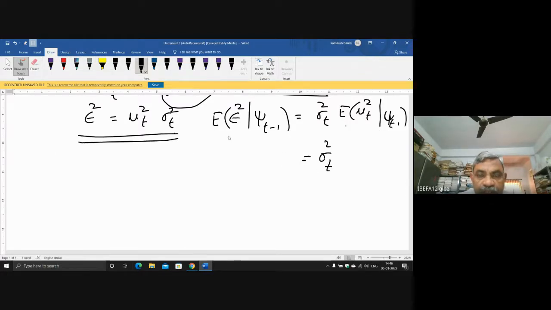That is, the conditional error variance is sigma square t, and sigma t is nothing but the standard deviation of epsilon t, which is the same as yt. Okay. So with this clarity, we now move to what is known as the conditional variance equation.